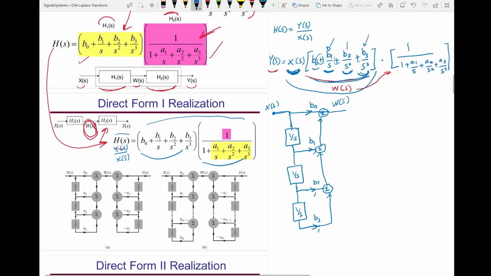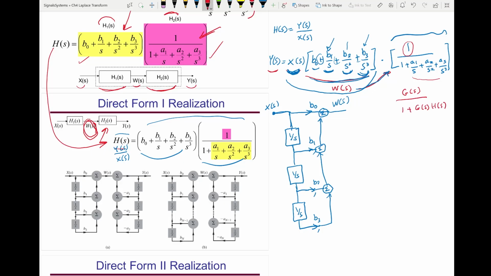Now W of s will be going to this subsystem. If you look at this subsystem here, it really is a negative feedback. G of s is 1 and this will be H of s. So you can think of it as G of s divided by 1 plus G of s, H of s.